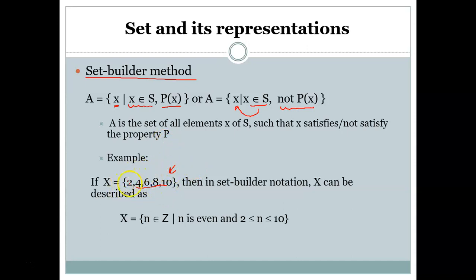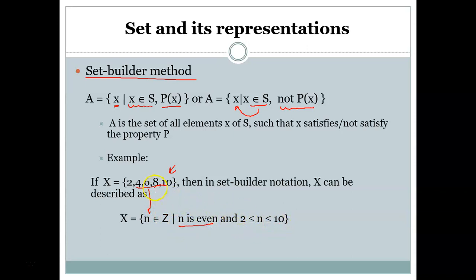The property is that these are the even natural numbers, but these are not all the even natural numbers. There is some range of natural numbers, or you can say integers. So you can write here x consists of those integers n such that n is even and n ranges from 2 to 10.